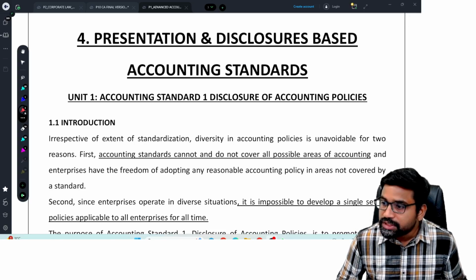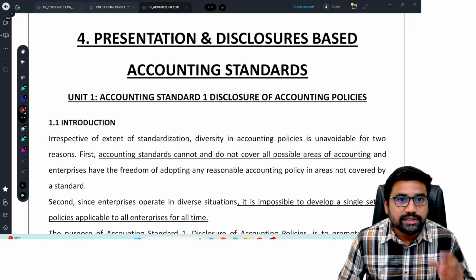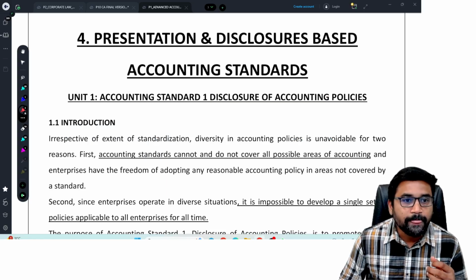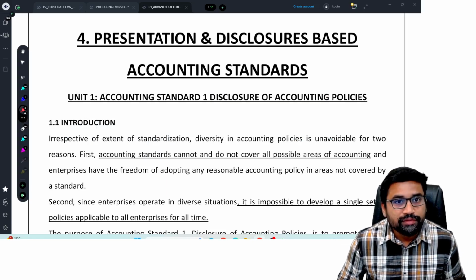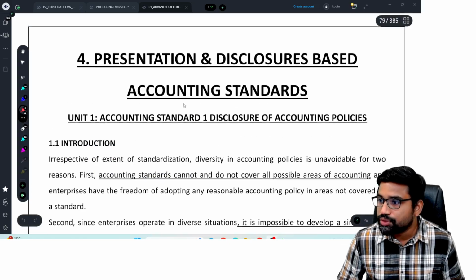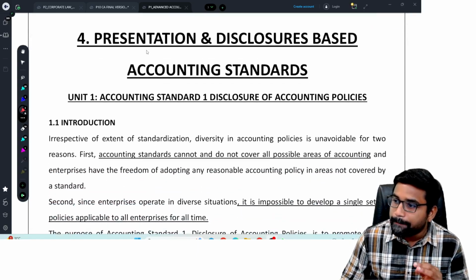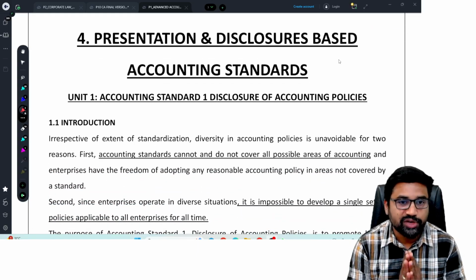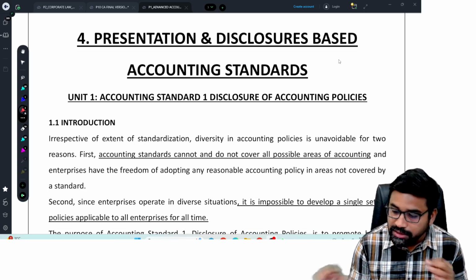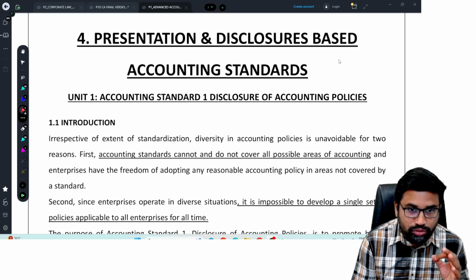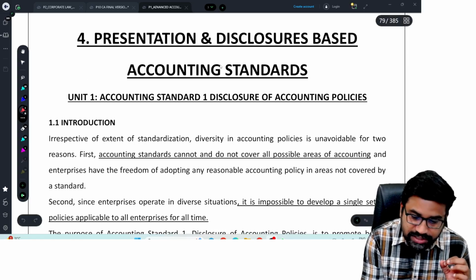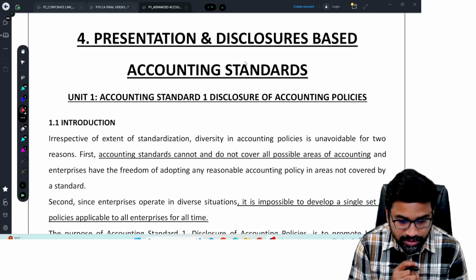Now, sir, you see the institute study material. First, Advanced Accounting, Module 1, Chapter 4: presentation and disclosure based accounting standards. In accounting standards, the first module has presentation and disclosure based accounting standards.